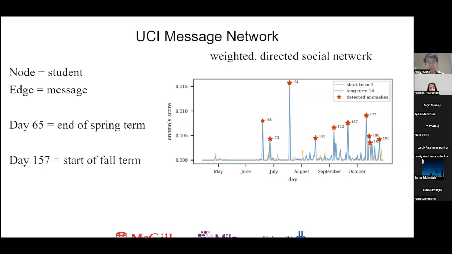We detect both day 65, which is the end of the spring term in the university, as well as day 157, which is the start of the fall term. So these are 2 example anomalies that were detected. Now there are still other anomalies in the graph, and they could correspond to different graph behaviors. But these 2 are the ones that we know for sure signal changes in the graph distribution.